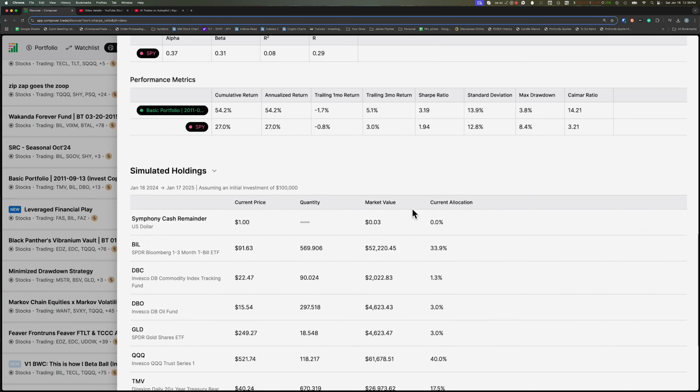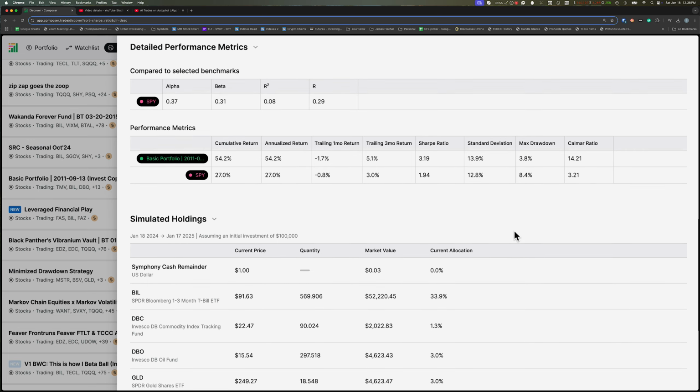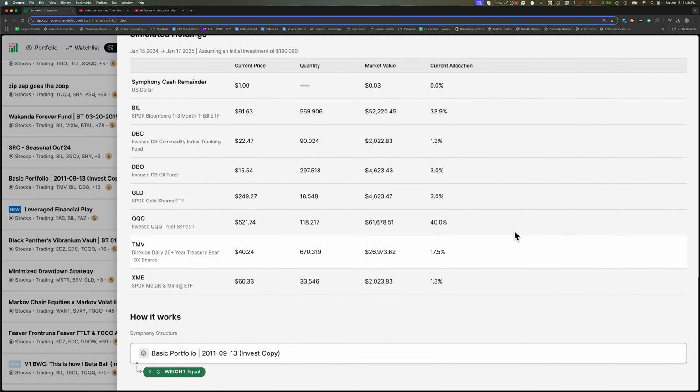Let's look at the return here. So we have 27% return for the S&P, this doubles it, but look, the drawdown is less than half of the S&P. So this is something that you would consider.